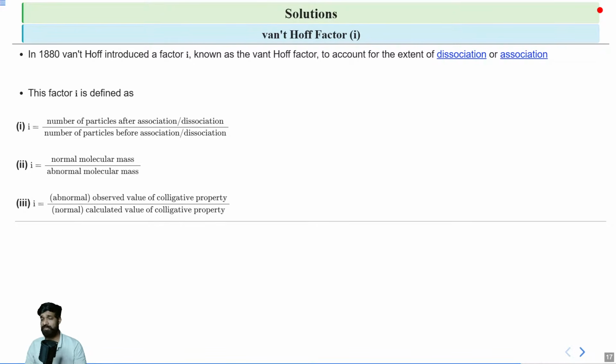Is it clear to all of you? Any doubt in these three formulas?